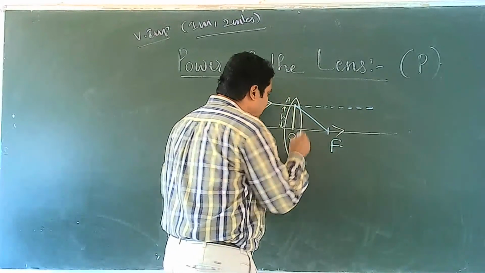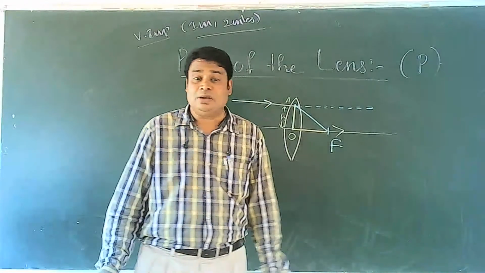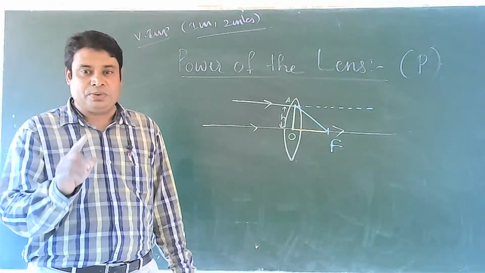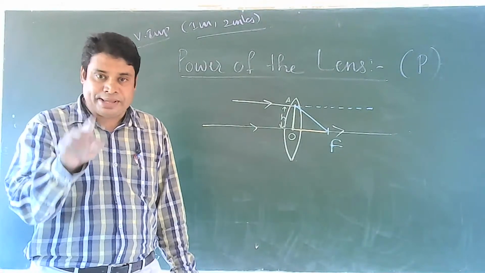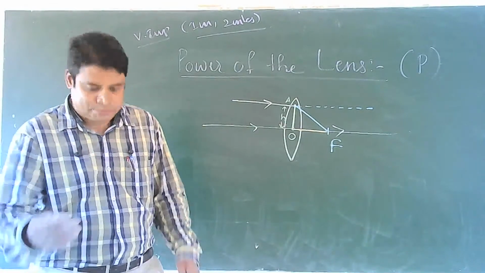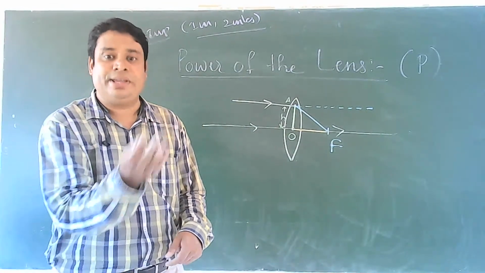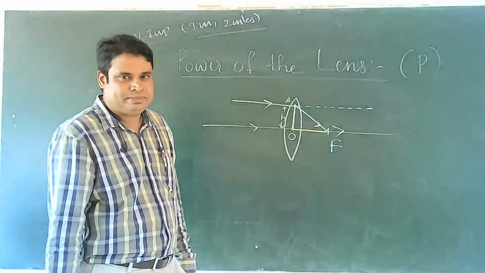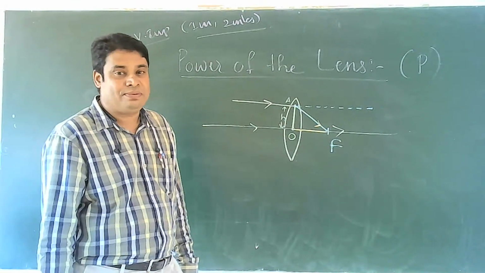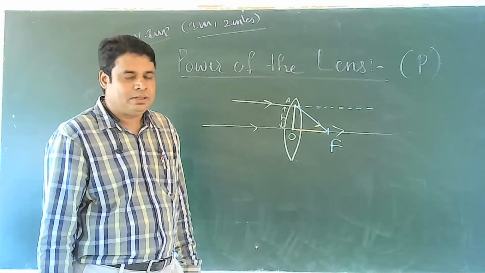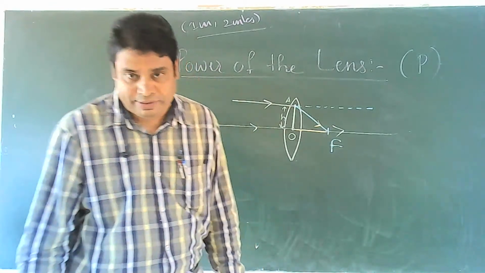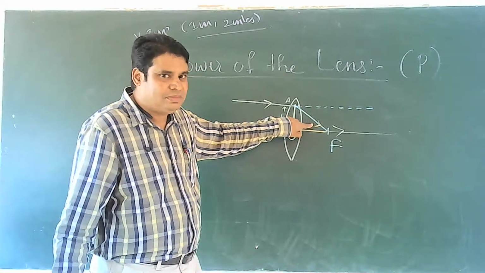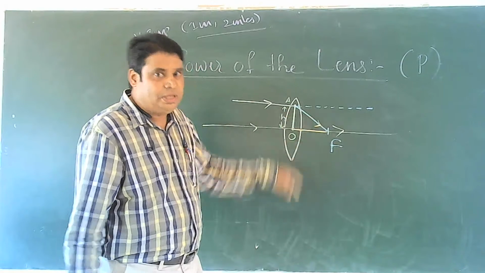In case of convex lens, we observe convergence of the light.